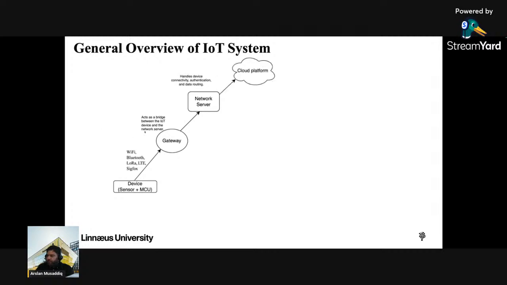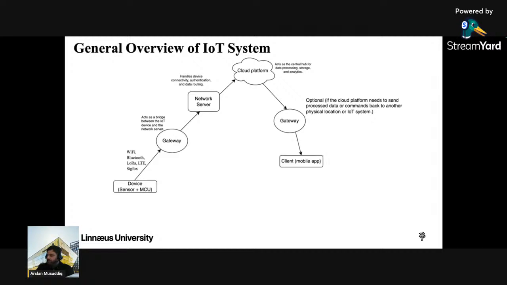Then after this, we have a cloud platform where data is stored, processed, and analyzed. It provides the computational power required for processing large data sets. And then finally, we have a client here, but you can see we can have another gateway. It's an optional gateway in case you are sending data to other IoT systems.